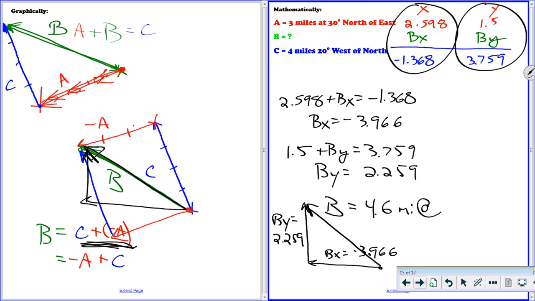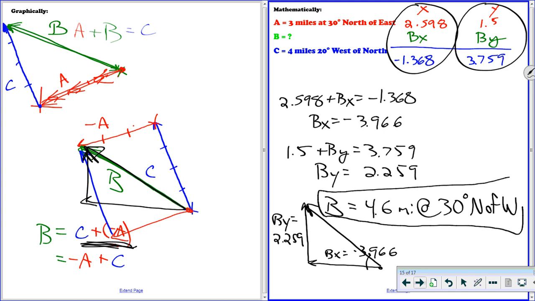So you're basically just solving for an unknown, and you'll notice that these problems, even though they're technically subtraction, because what we just did was C minus A, we still wrote as addition problems.